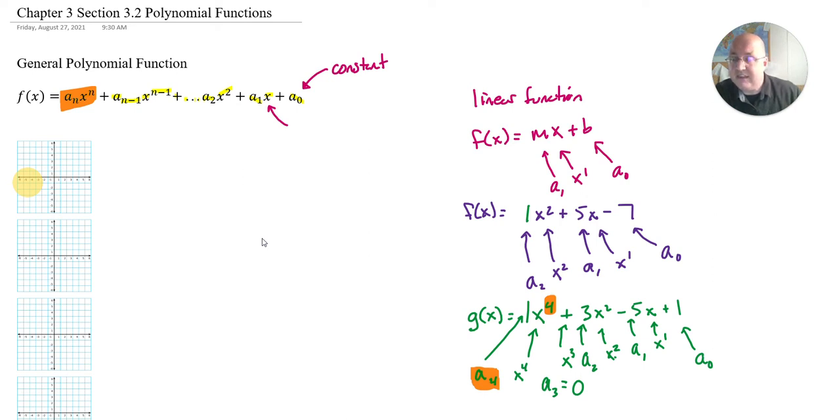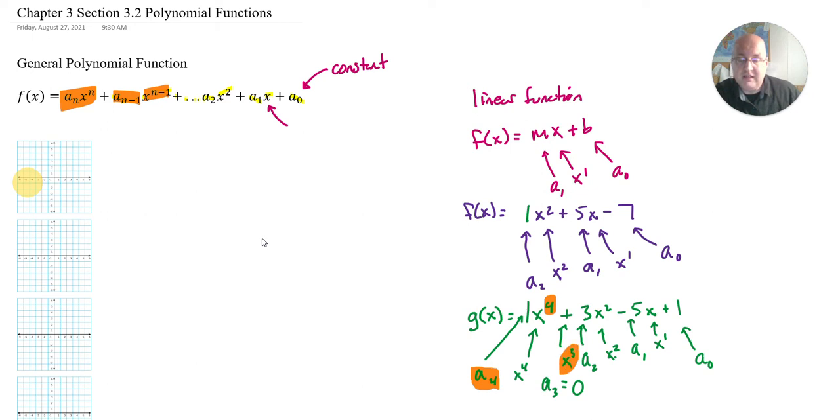And then this general form says that every a sub n x to the n power term in a polynomial function is followed by an a sub n minus 1 x to the n minus 1 term, meaning that if there's an x to the fourth power term, there has to be an x to the third power term. And is there here?